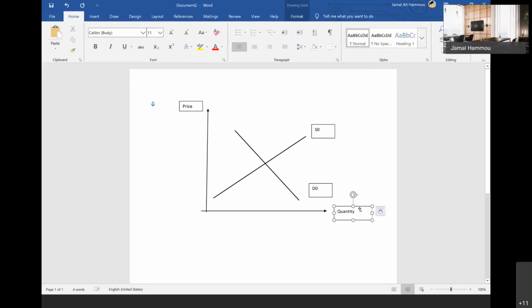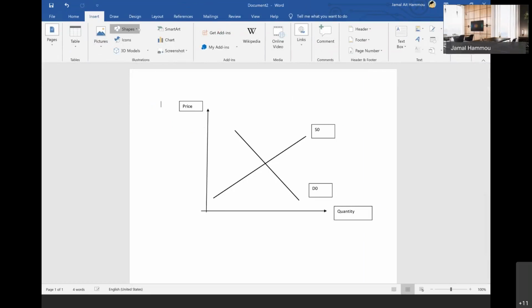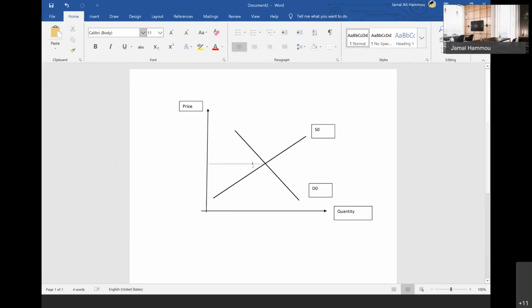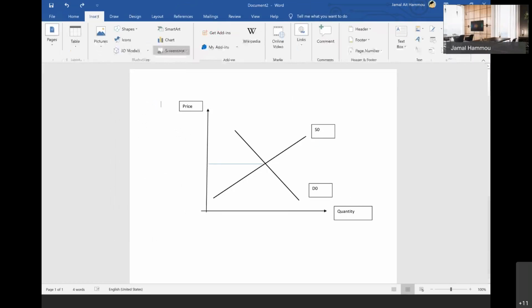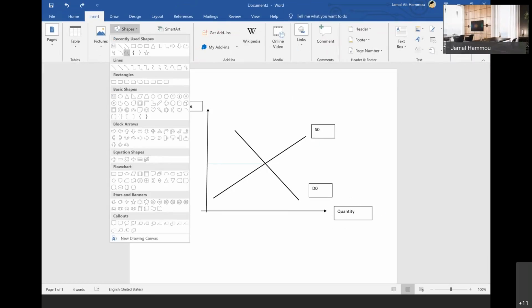Okay, then I will insert the line for the price, and I will insert the line for the quantity below.